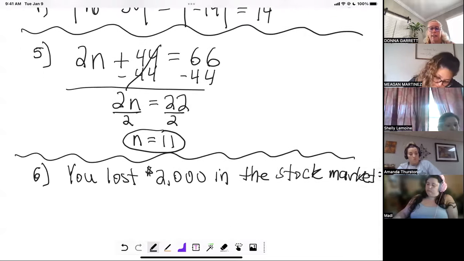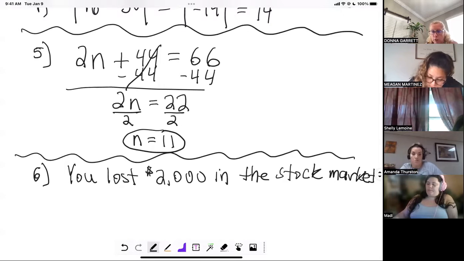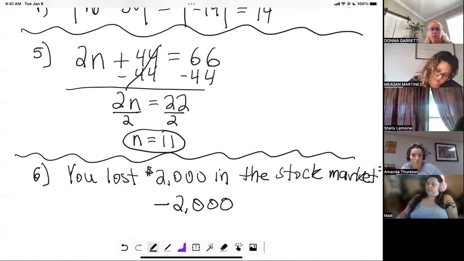How would I write that in integer form? Well, if you lost money, it's not positive, it's negative. So what they're looking for is you to write negative 2,000. That's how you would represent that in integer form.